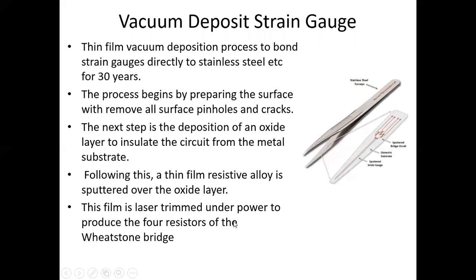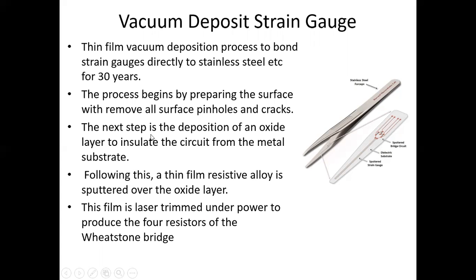The next one is vacuum deposit strain gauge. This is your vacuum deposit strain gauge. Thin film vacuum deposition process to bond the strain gauge directly to stainless steel, etc., has been used for 30 years. The process begins by preparing the surface, removing all surface pinholes and cracks.